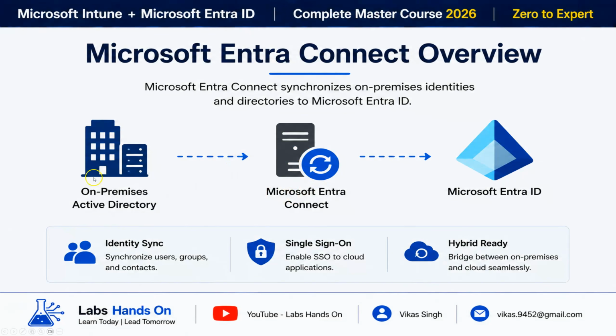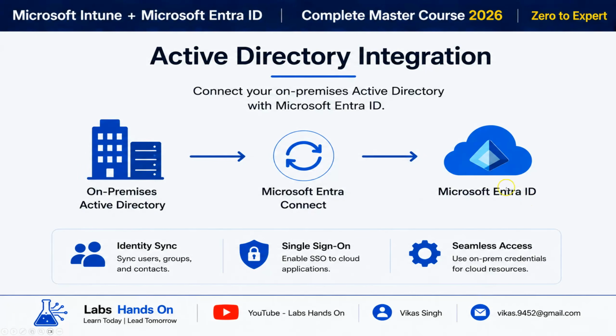Same thing: you have on-premises AD, Microsoft Entra Connect is installed and configured, and then it syncs all the identities to Microsoft Entra ID. Microsoft Entra Connect is basically an application that gives you options to sync your identities, basically users, groups, and contacts, to Microsoft Entra ID by using Active Directory integration.